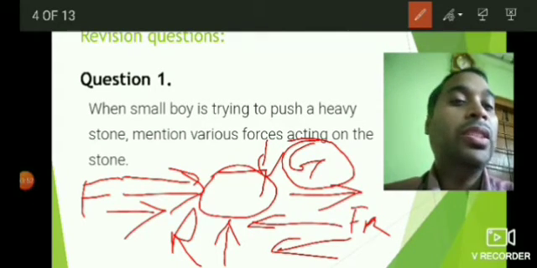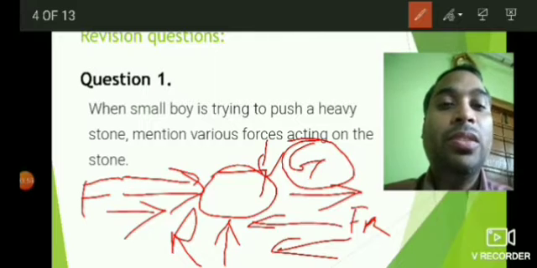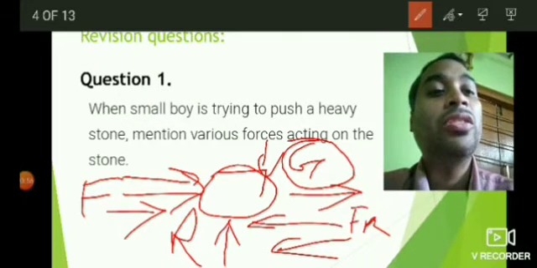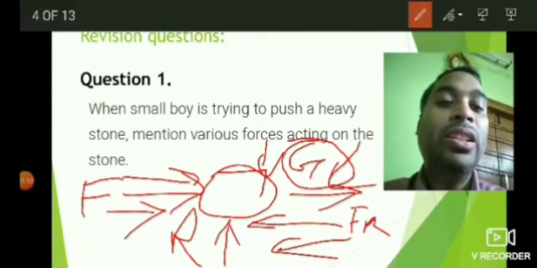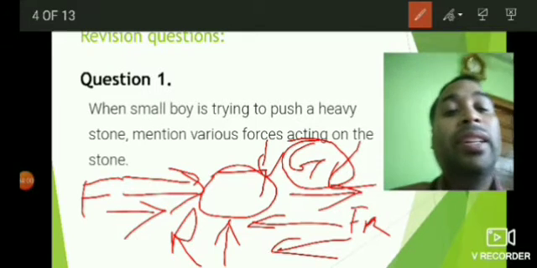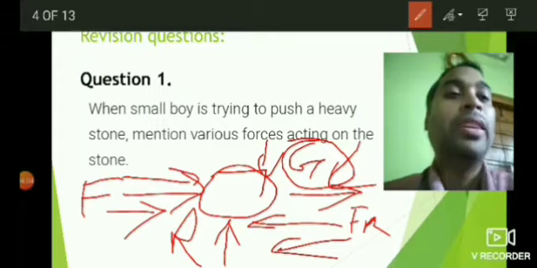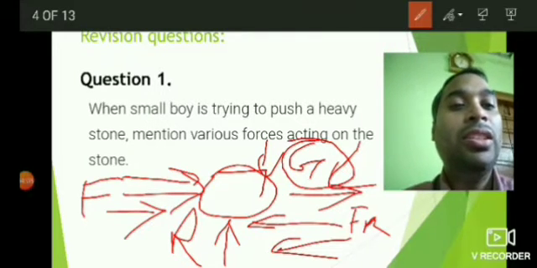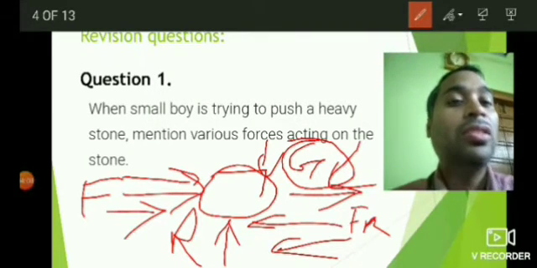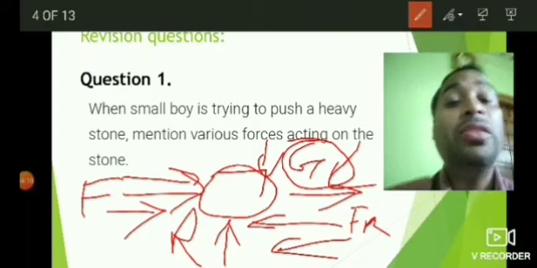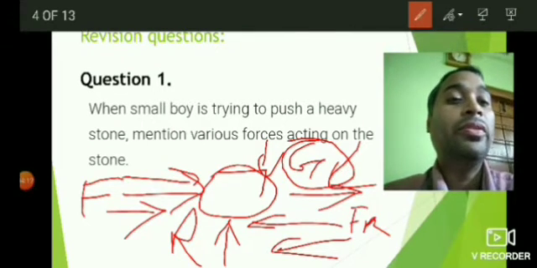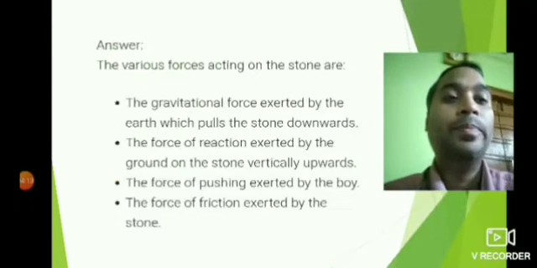It is not the universal gravitational constant. I have just used a letter to denote gravitational force which is acting downwards. Similarly, this is R, that is the reaction force, FR is the frictional force, and F is the applied force. So this G is not your universal gravitational constant. It is just used to denote the gravitational force of the earth.